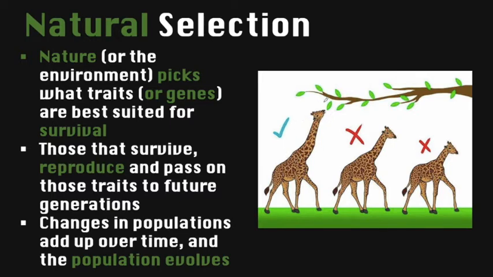And notice here that it's not a person who is selecting for a longer neck. Instead, it's simply a fact that the giraffes eat leaves from a tree. So it's the environment, the trees, nature itself which is selecting long-necked giraffes to be passed on to the next generation.